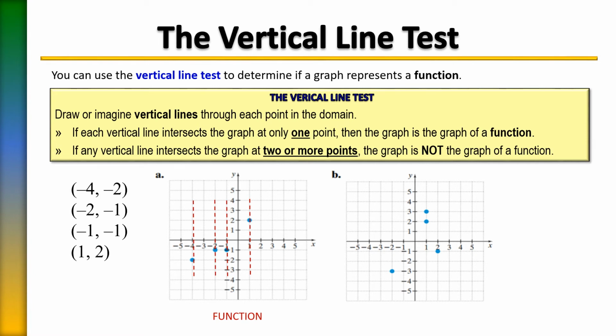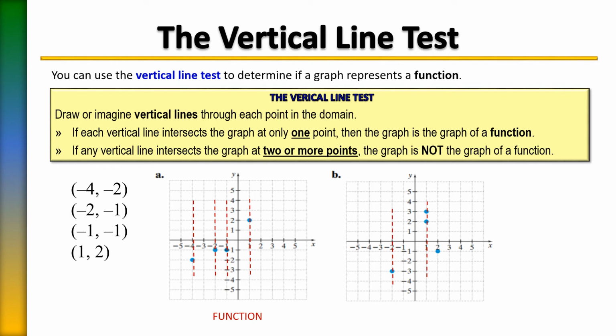Let's take a look at example B and go ahead and draw our vertical line. Drawing it through the first point, we're good. It did not intersect twice. It only intersects once. However, the second point, when we draw a line through the points, it intersected at 2 points.